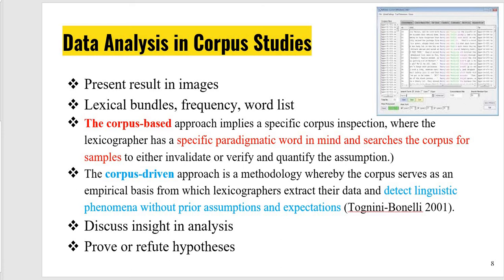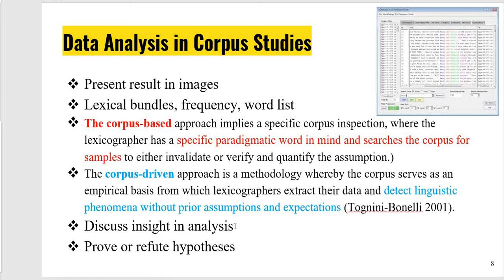Suppose you take that corpus and you don't have any assumption or hypothesis. Now you want to find out which terms have been used, how they have been used, and from which source they have been borrowed. So you analyze the corpus to find different linguistic entities and linguistic phenomena.